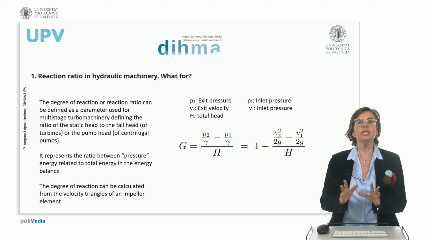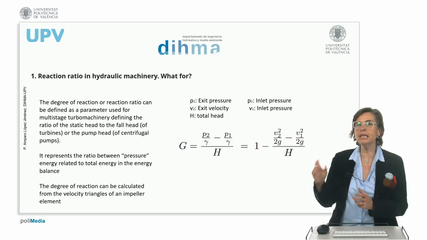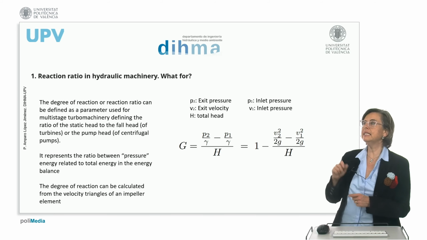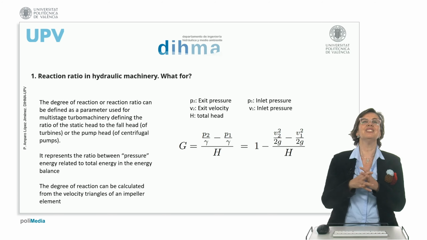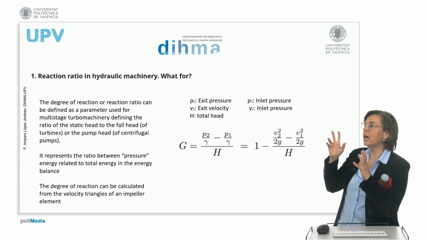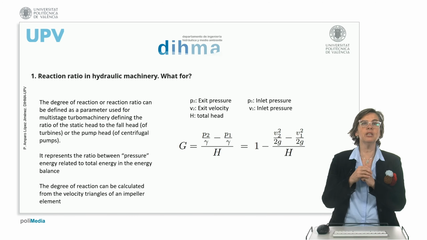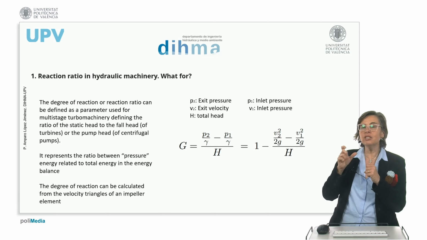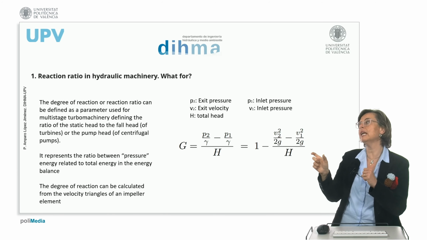There is a ratio relating this behavior in hydraulic machines. This is the degree of reaction ratio, which can be defined as a parameter for multi-stage turbomachinery, relating the ratio of the static pressure in the pump head and the total head.